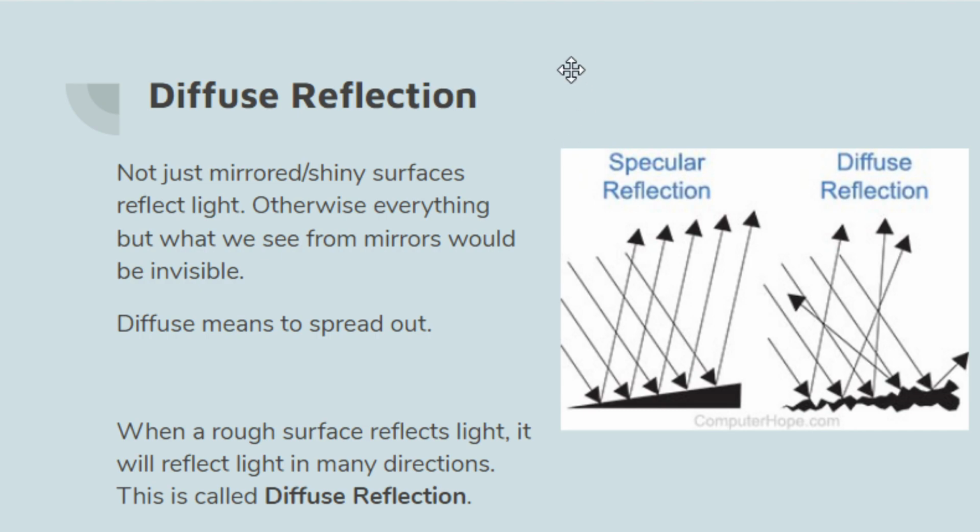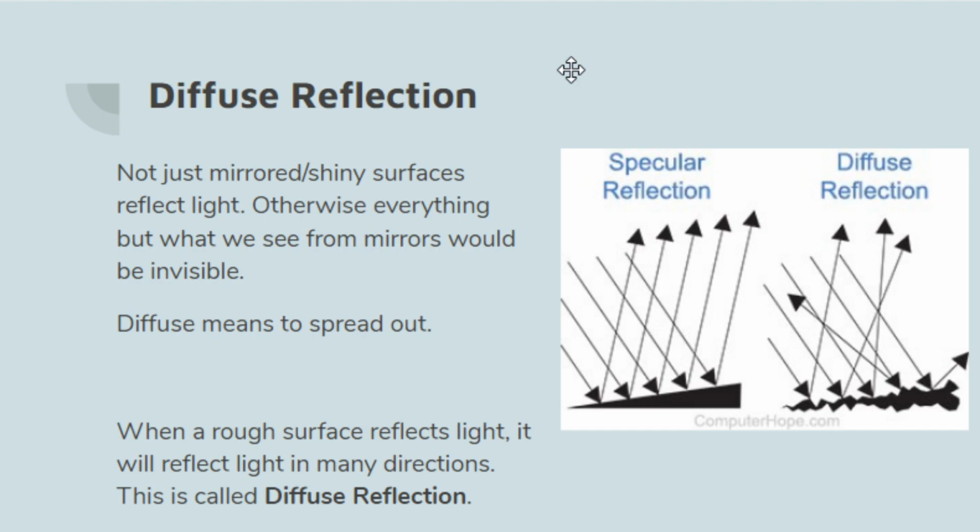Diffuse reflection is a different type of reflection, but it's the one that we're probably more familiar with, although we don't know it. Oftentimes we'll think of reflection from mirrored or shiny surfaces. If you walk into the bathroom in the morning and do your hair, you're using the reflection of that mirror to help.